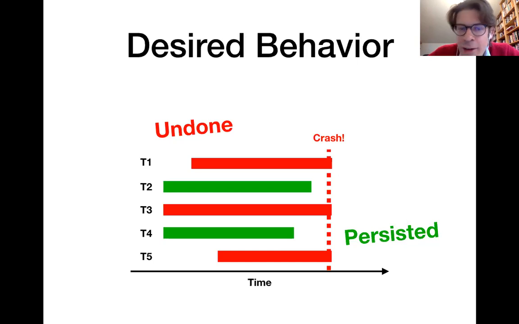On the other side, for the transactions that are running during the crash, we want to abort them, and we want to essentially undo them such that no traces of those transactions remain in the system. This refers back to the atomicity guarantee, right? So this is what we want to achieve once the system comes back online after the crash.